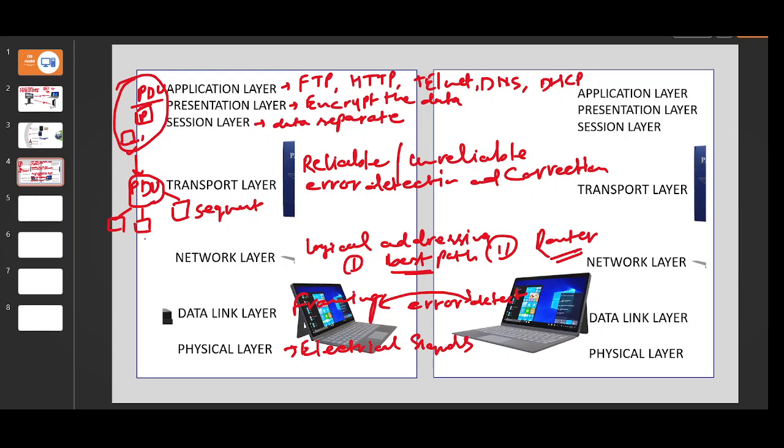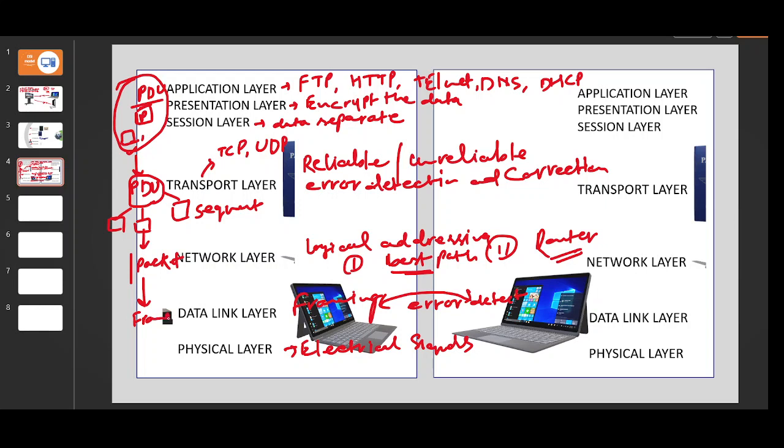Clear? Now these segments come to this layer, and this segment is known as a packet. Sometimes datagram here also, because at this layer mainly two protocols work, TCP and UDP, the full form of which is user datagram protocol. So sometimes we use datagram. Now this packet comes to this layer and is known as a frame.